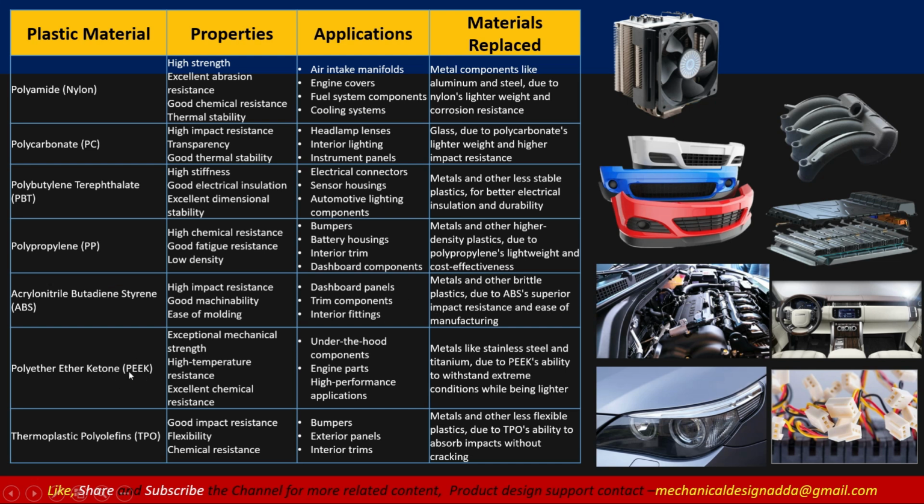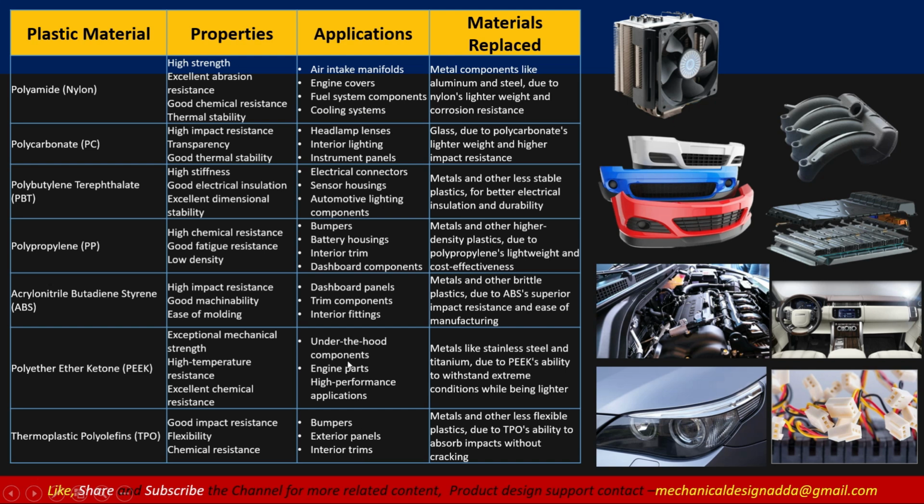Then the PEEK material is used for underhood components and engine parts. And TPO, which means thermoplastic polyolefins, is generally used for bumpers, exterior panels and interior trim.